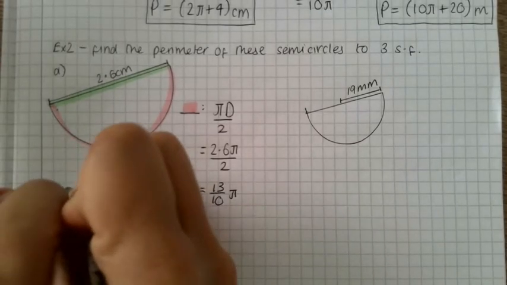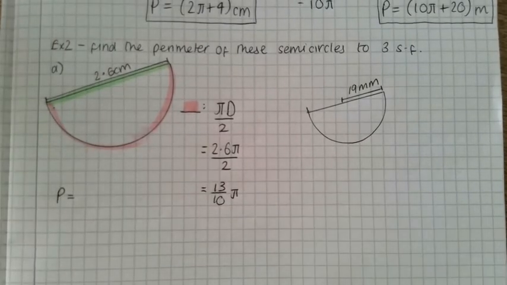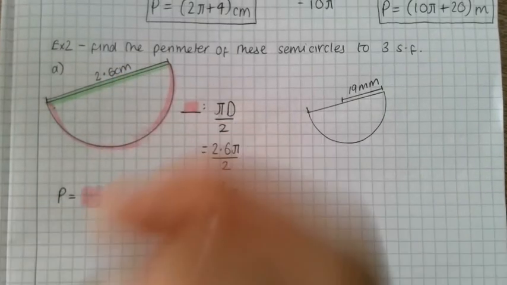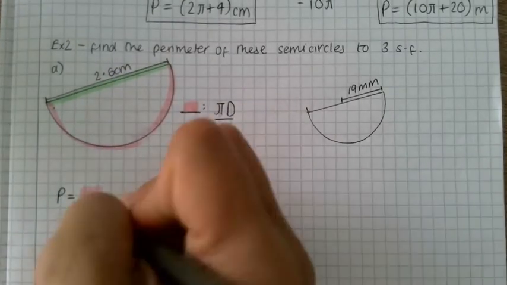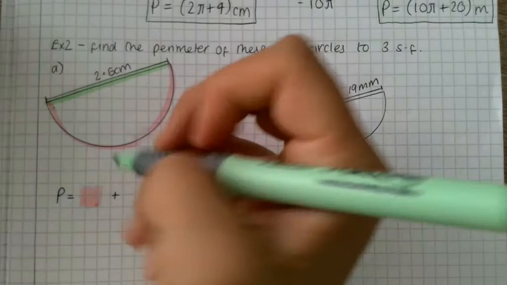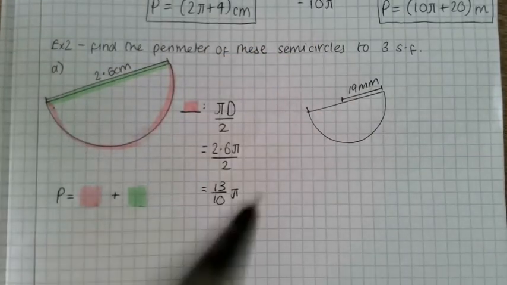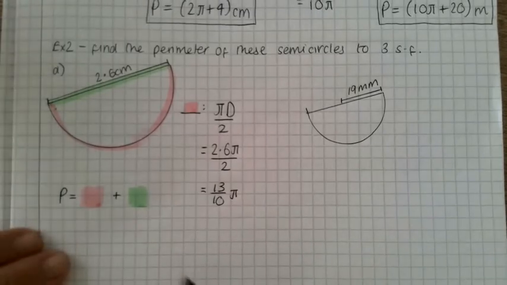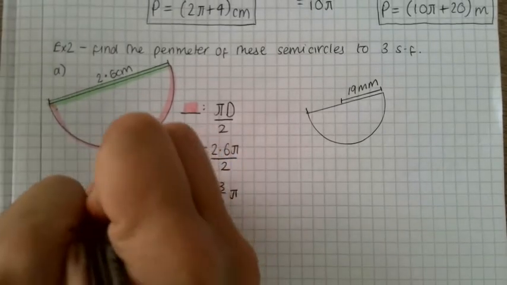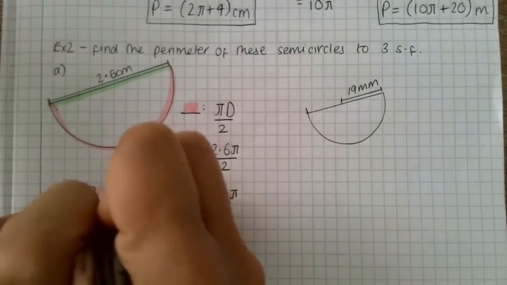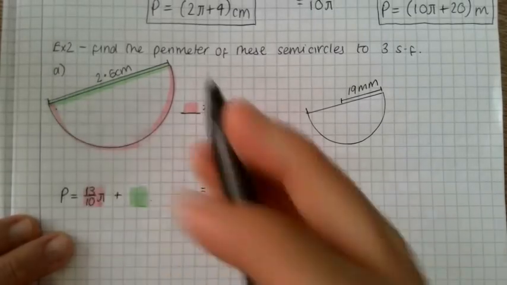Because remember, perimeter is the pink plus the green, isn't it? So my pink, I just found out, is 13 over 10 pi. And my green is 2.6.